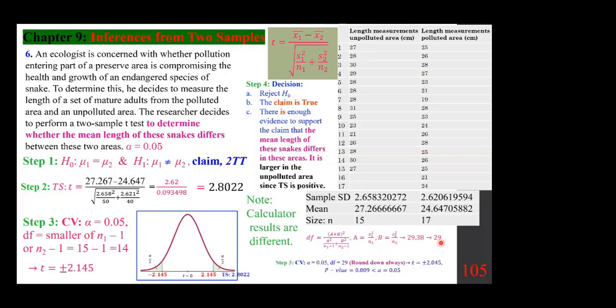And if we go with technology, that happened to give us the same result, the p-value ends up being less than alpha of 0.05, p-value is 0.009, we get the same result, which means reject H0. But pay attention to the fact that the degrees of freedom here is calculated at 29.38, we choose 29, over here it is 15 minus 1 or 14, yet they give us the same result.